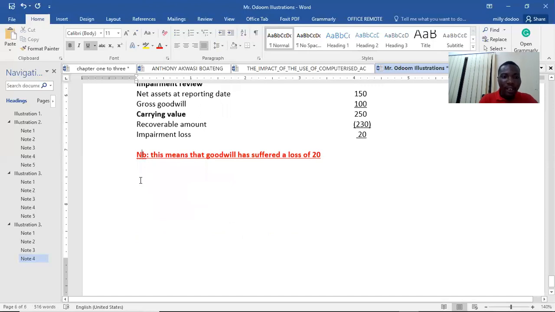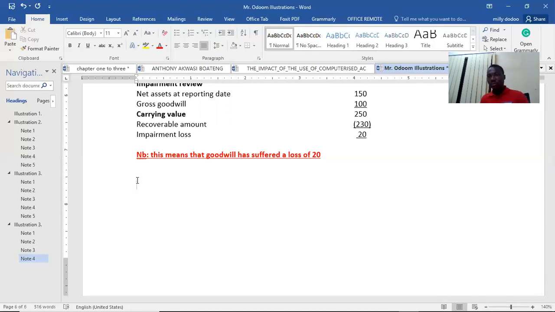So at the end of the day, anytime there is a loss, it affects your income. Anytime there is a gain, it affects your income. Once there is a loss, as a good accountant, you should know where you should be channeling it.